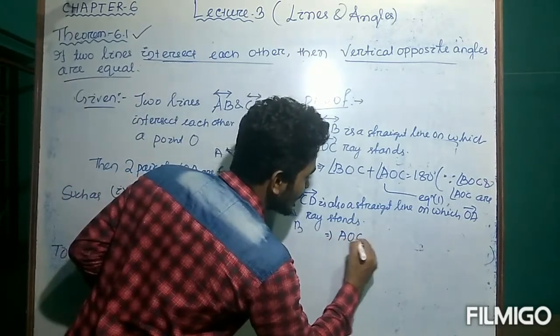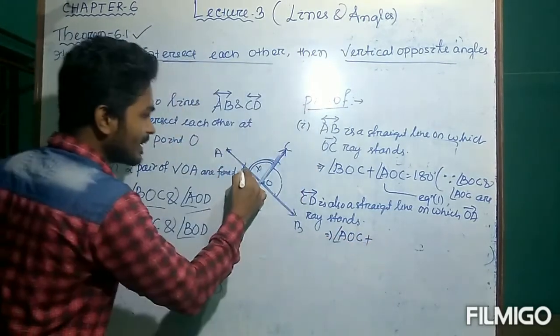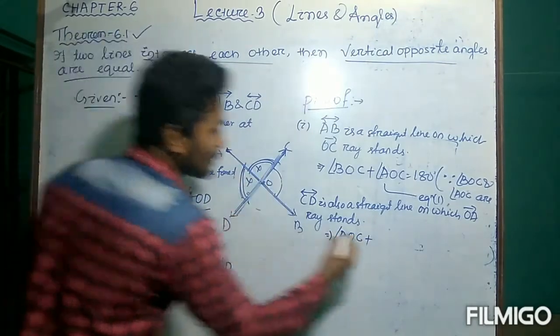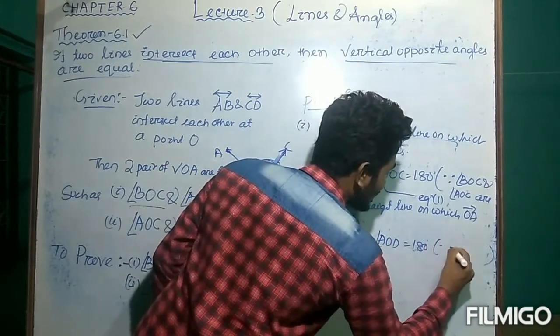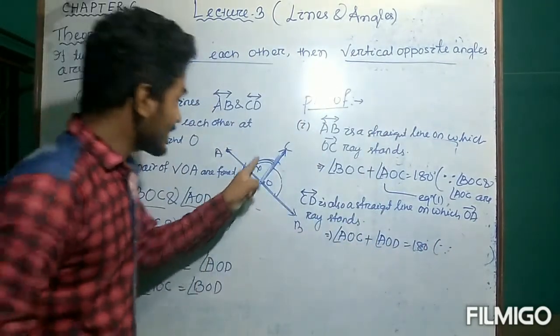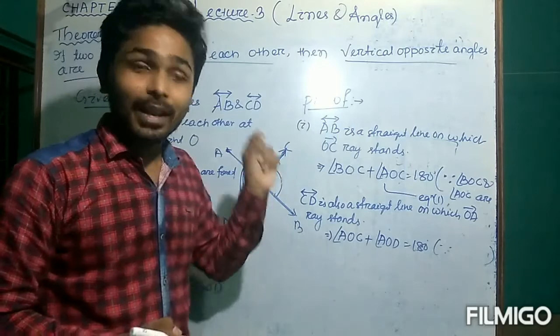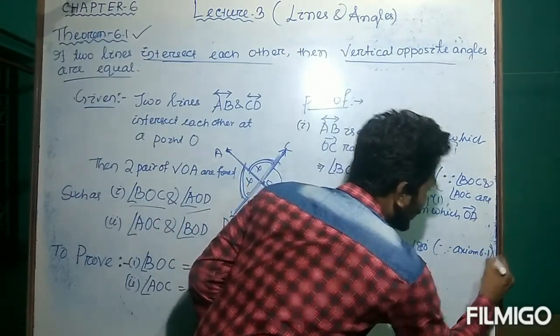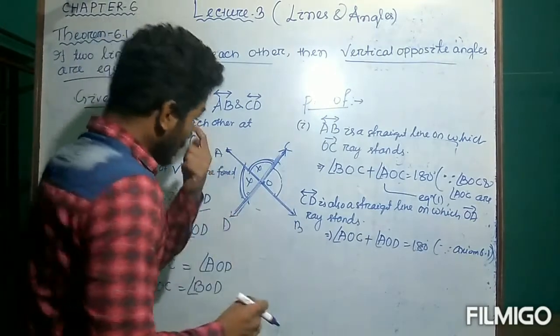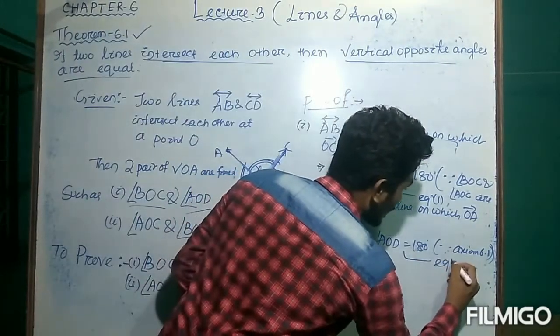So AOC plus this angle AOD is equal to 180 degrees. What is the reason? The reason is these two angles are linear pair angles, or you can directly write axiom 6.1. Now this is equation number 2.